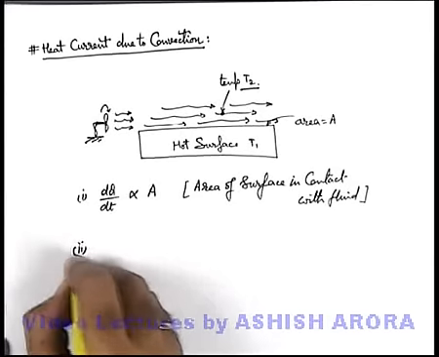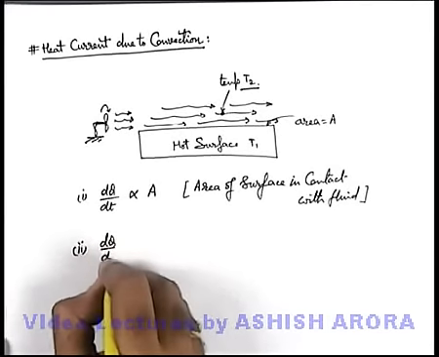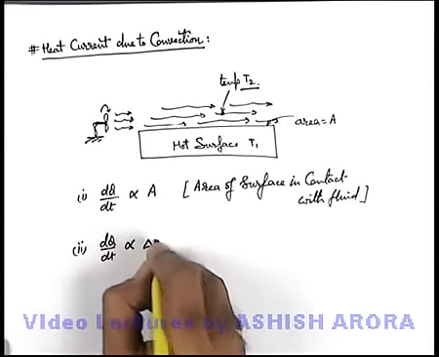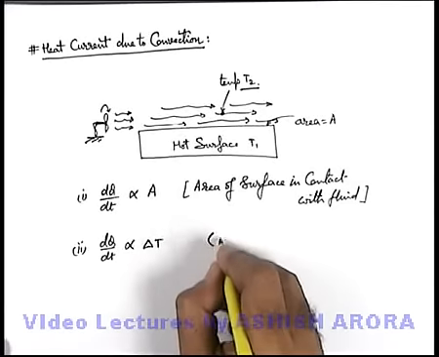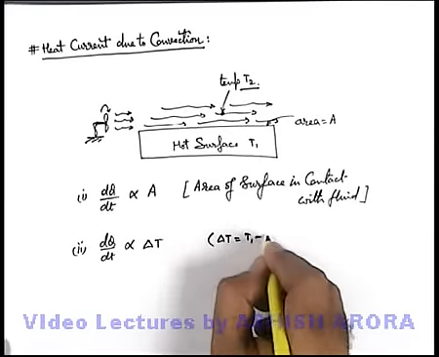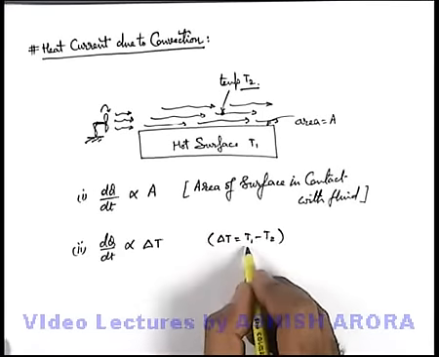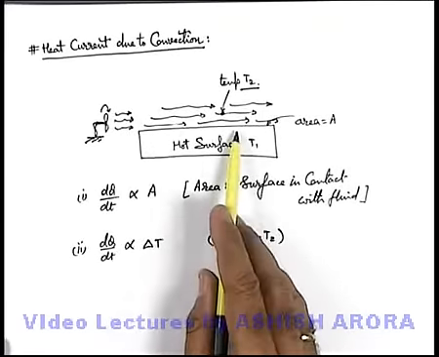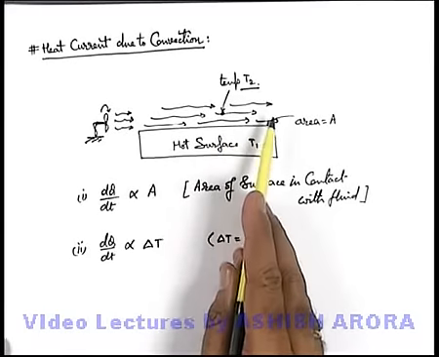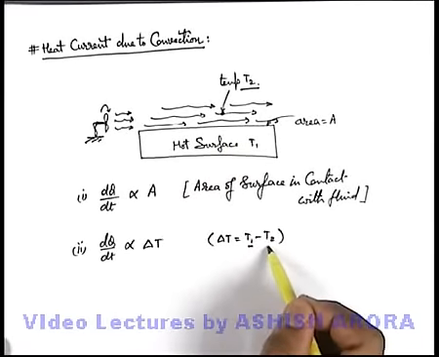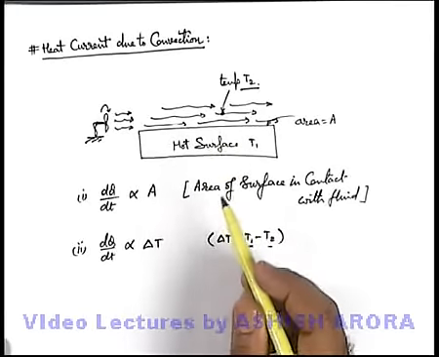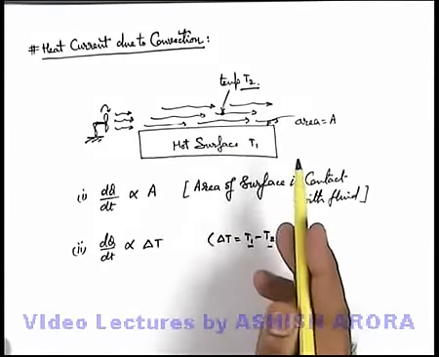And another thing we can write here is dq by dt is directly proportional to difference in temperature. Here delta T can be written as T1 minus T2, where T1 is the temperature of the hot surface from which heat is extracted, and T2 is the average temperature of the mean body of fluid to which the heat is taken.